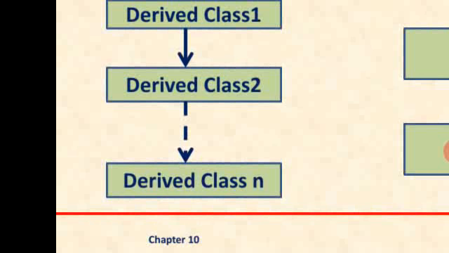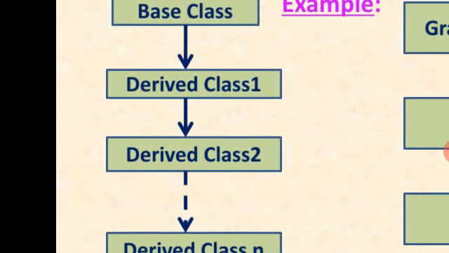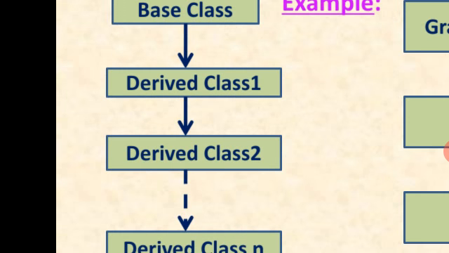Are you understanding? The classes can be derived from a class that is already derived. Here derived class 2 is obtained from derived class 1, which is itself derived from a base class. This concept we call multi-level inheritance.